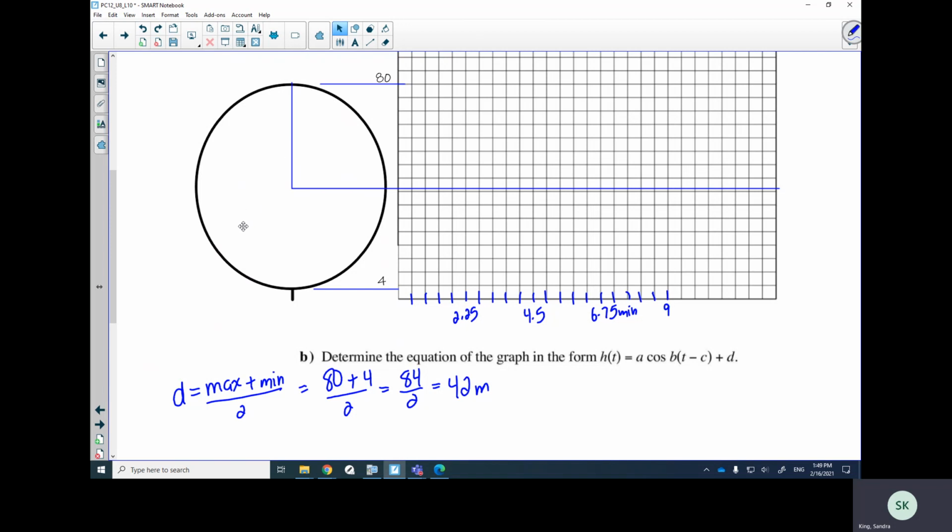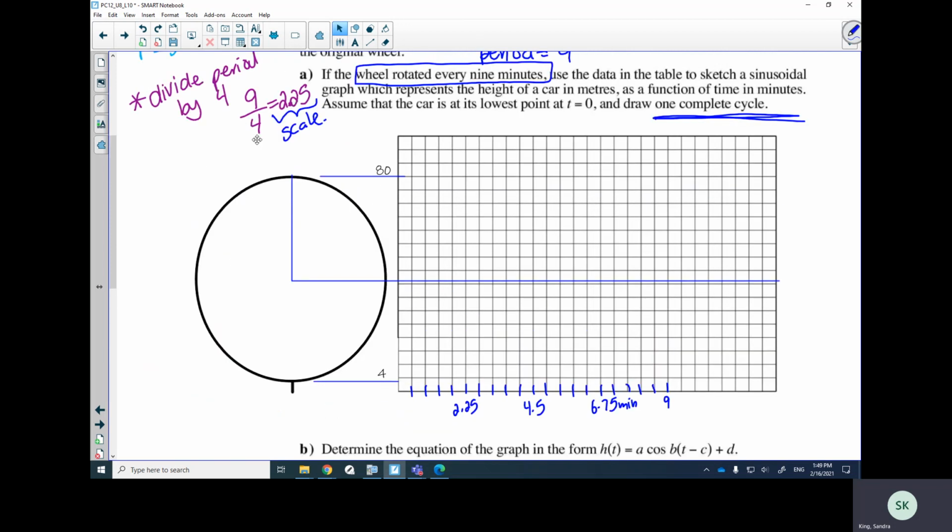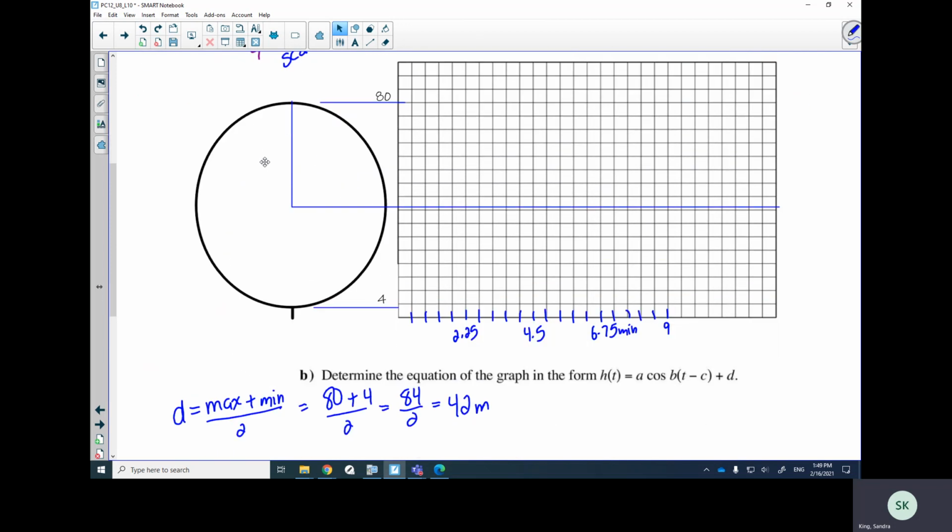Okay, here's why we divide to figure out our scale by 4. So you guys, the people get on the Ferris wheel right here, right? Everybody agrees with that? At 0 seconds, how high are they at this point here? 4. So that's going to be right here.